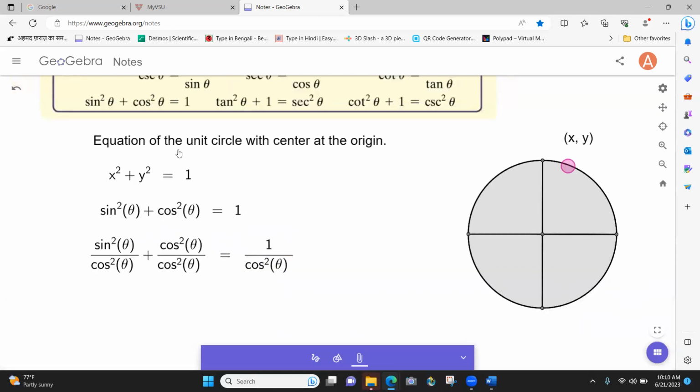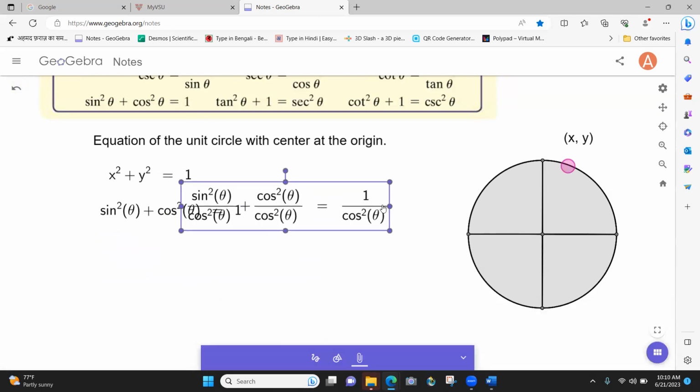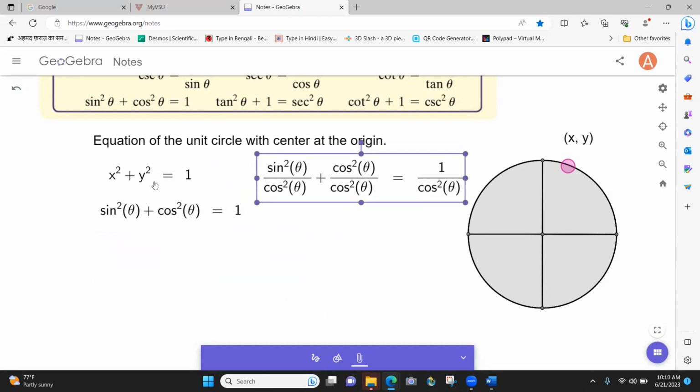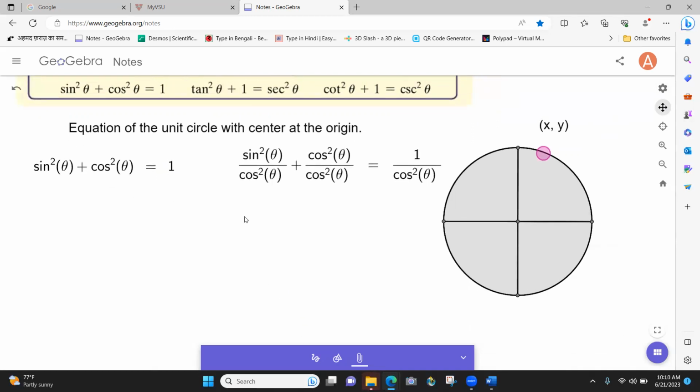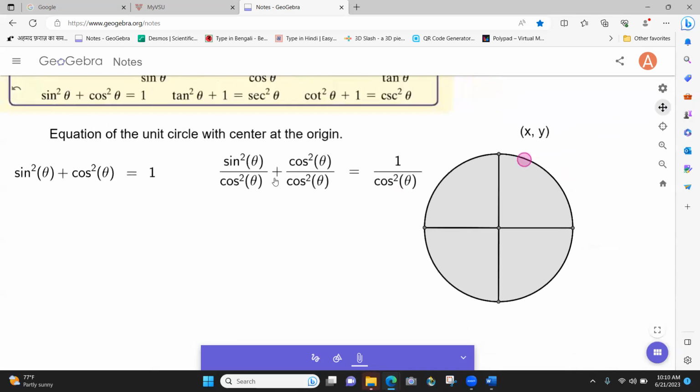I will write it here, if that's okay. I don't need this anymore. I explained it. From this first equation that we derived, I divided both sides by cosine squared theta and I got this.